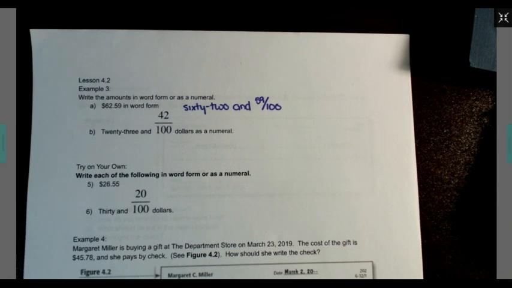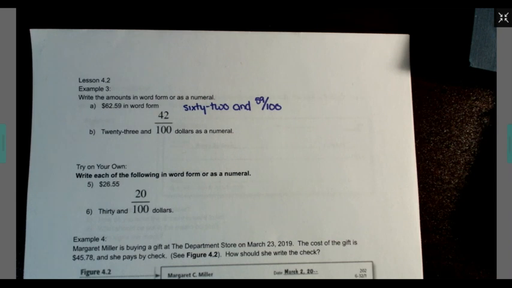So I put 59 and a dollar is worth 100. So we're going to put it over 100. Basically 100 cents. We don't reduce these fractions. We just leave them as they are, written over 100.